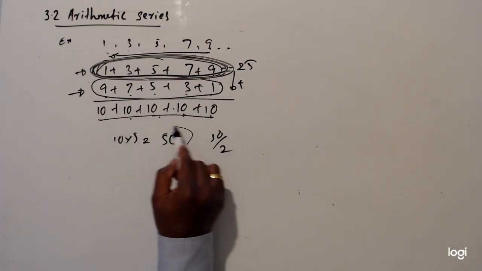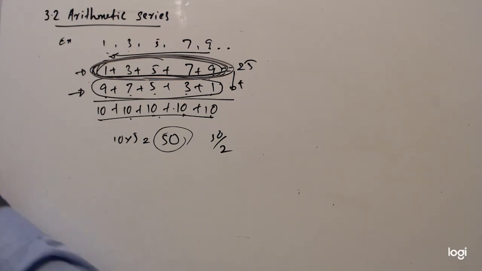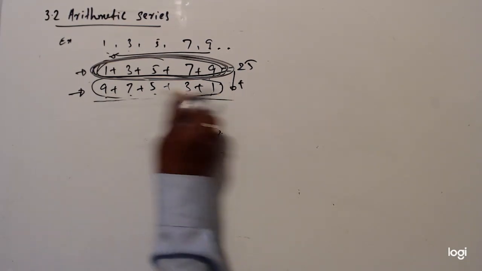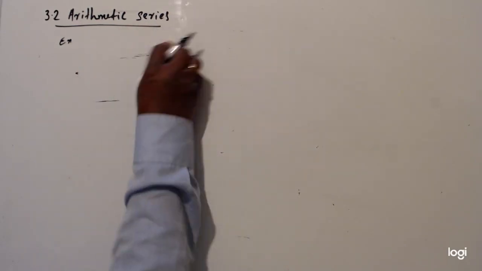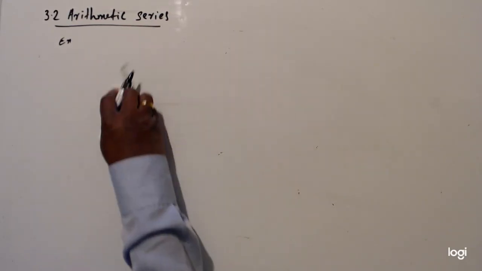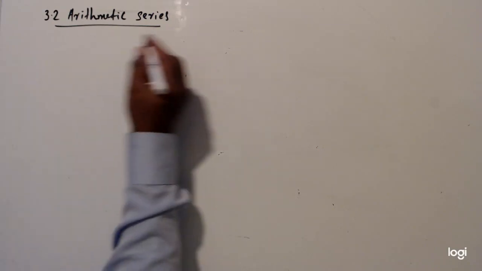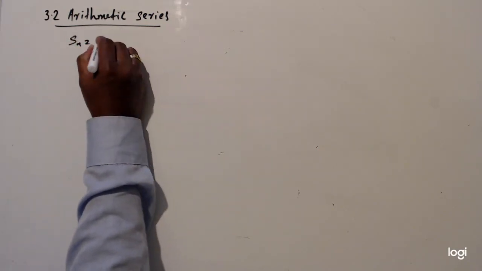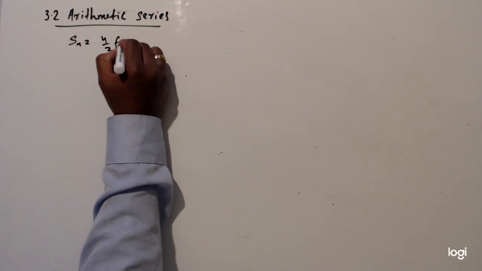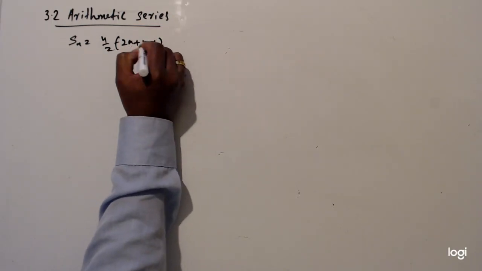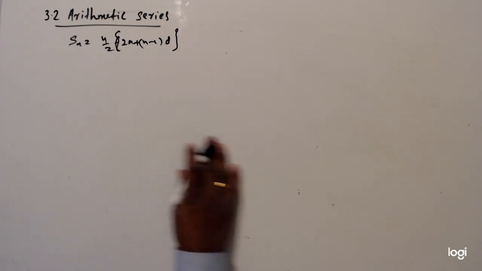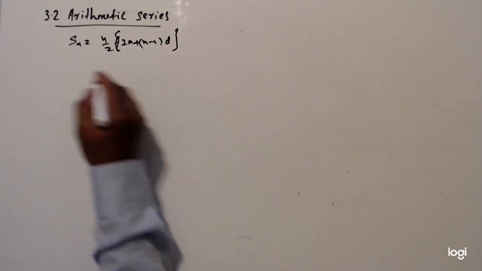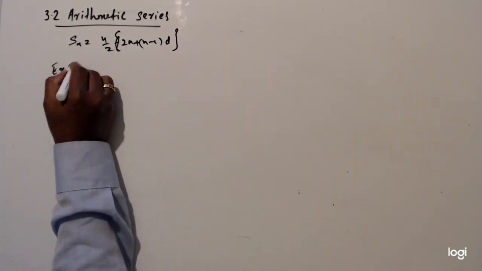So this is the concept we are going to use for adding, and that's how you get the n divided by 2, 2a plus n minus 1 times d formula. So that's example 5.